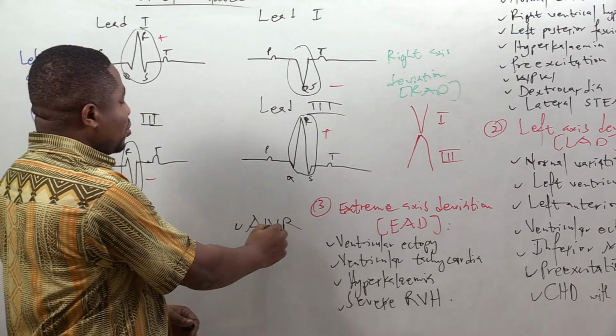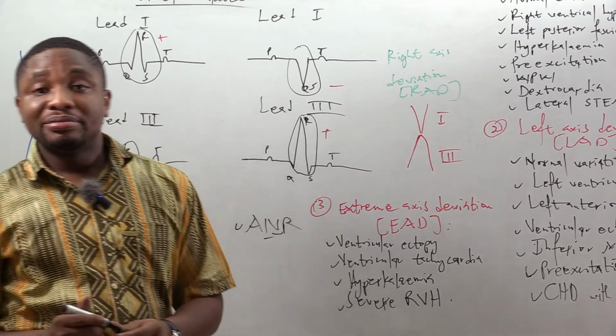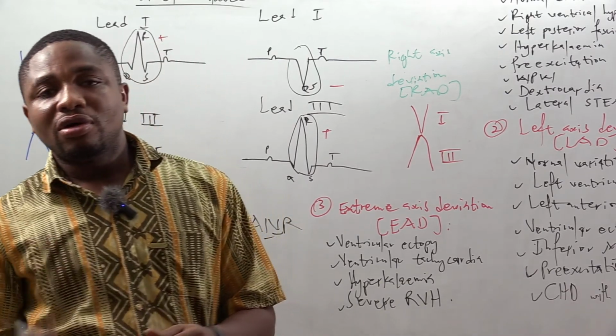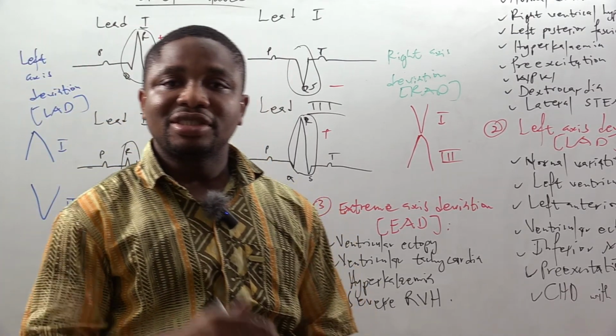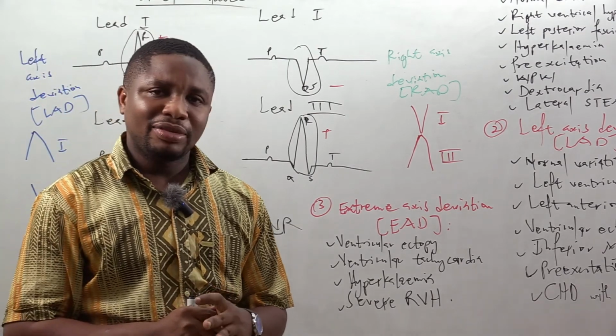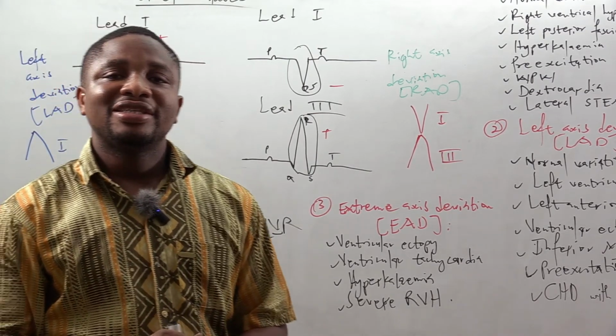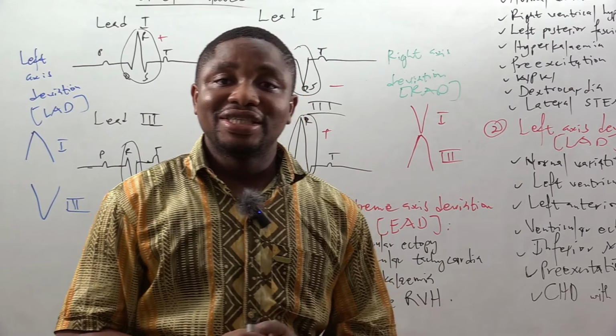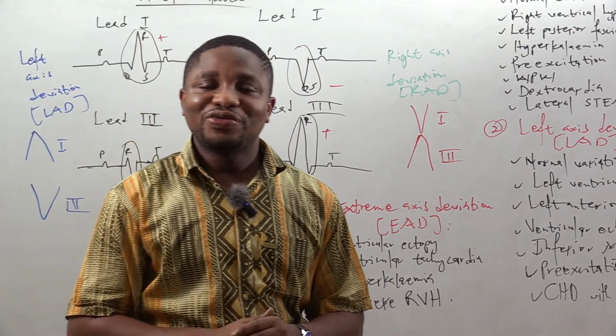Accelerated idioventricular rhythm can also be a cause of extreme axis deviation. We can also think of hyperkalemia, and finally, severe right ventricular hypertrophy.